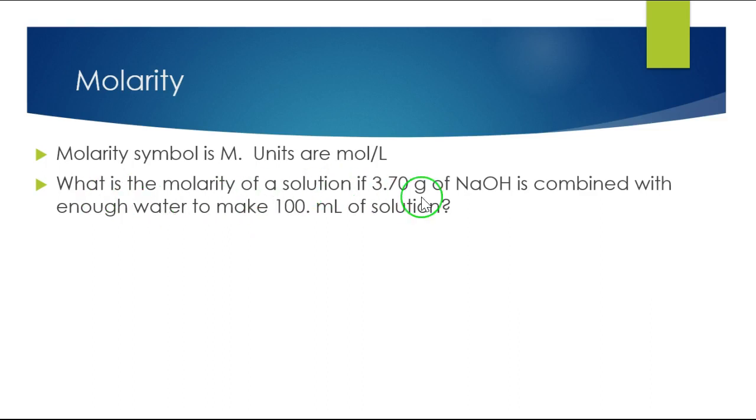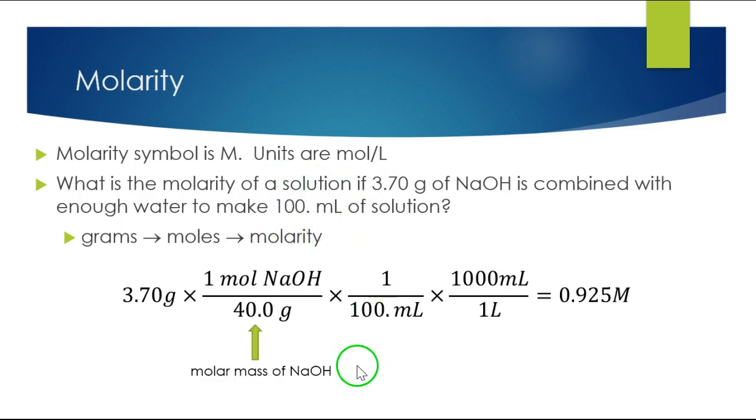What is the molarity of a solution if 3.70 grams of sodium hydroxide is combined with enough water to make 100 milliliters of solution? Well, they didn't give us moles, they gave us grams. So we're going to have to go from grams to moles, and then we can use our volume to figure out the molarity. Now our volume here is given in milliliters, so we need to change that to liters. Did that all in one step here. I take the mass of sodium hydroxide times a factor from the molar mass to find the number of moles of sodium hydroxide.